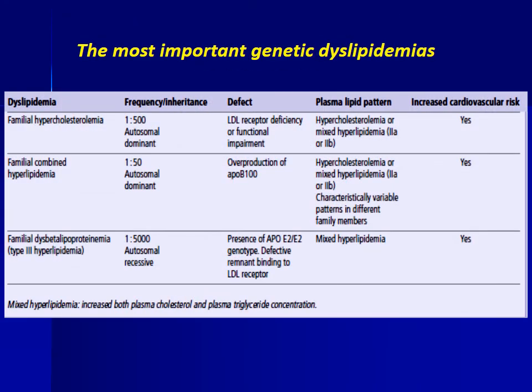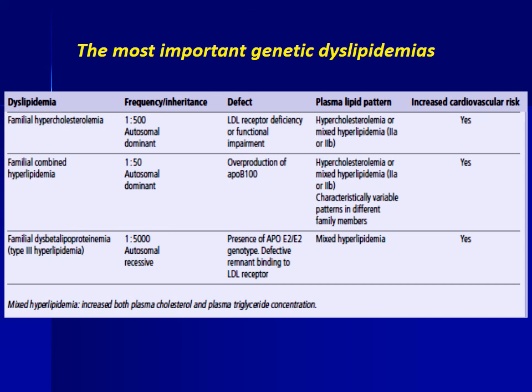The most important genetic dyslipidemias are shown in the table. According to this classification, the dyslipidemias are classified into familial hypercholesterolemia, familial combined hyperlipidemia, and familial dysbetalipoproteinemia, or type 3 hyperlipidemia.